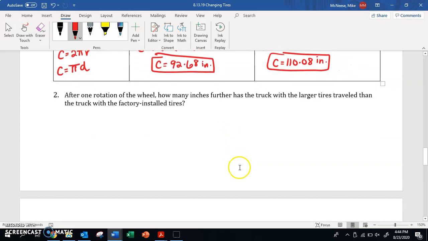Okay, so now that we've got our table done, it's going to ask us a couple of questions. It says, after one rotation of the wheel, how many inches further has the truck with larger tires traveled than the truck with the factory installed tires? So we need to find the difference between these distances.